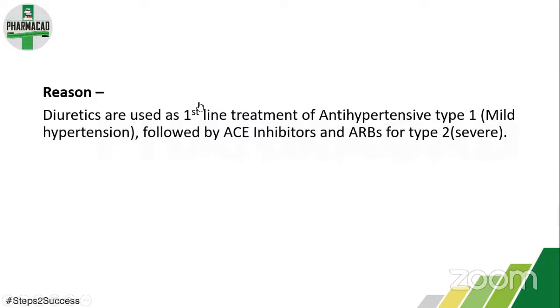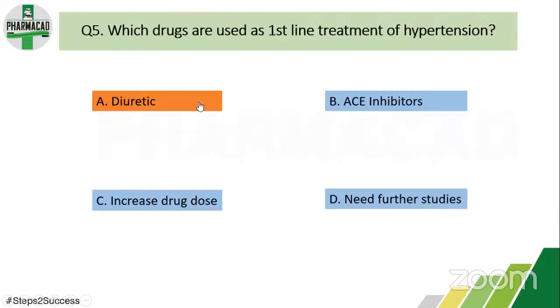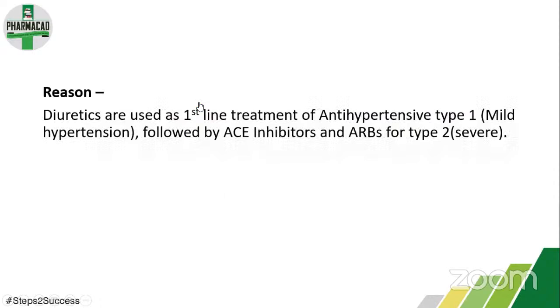If diuretics were not a part of this question, it would be ACE inhibitors or ARBs as a first line treatment of hypertension. But here it will be diuretics because it is the beginning drug, the first line treatment for mild hypertension. And mild hypertension is in the range of 121 to 139 systolic and 80 to 90 diastolic blood pressure.